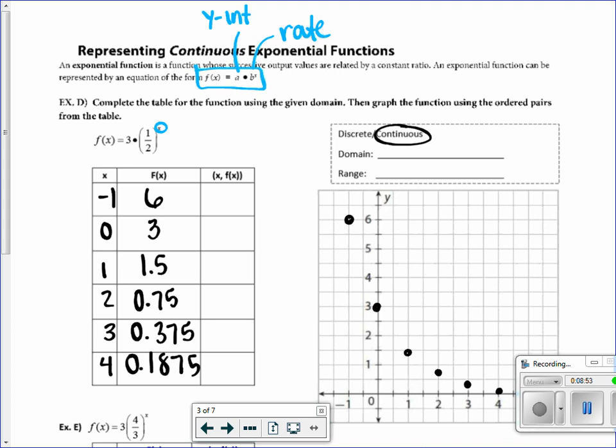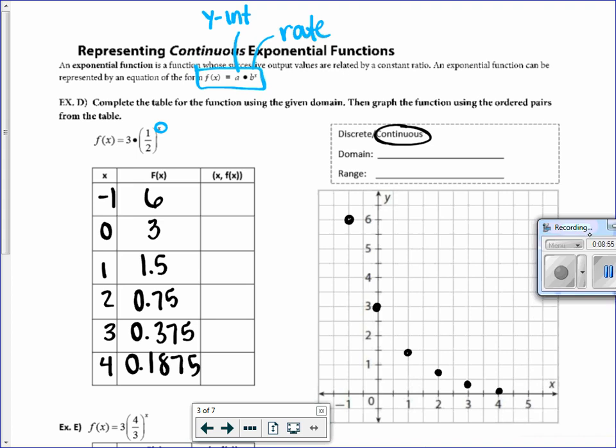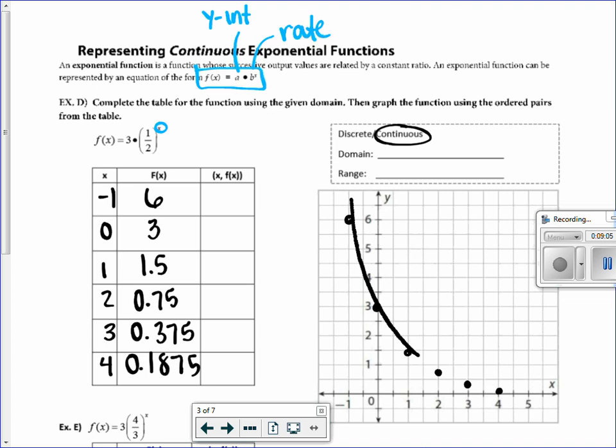Because where y is 0, that would be this x-axis. So as we draw it, we want to try and draw it where it's not going under the x-axis, but getting really, really close to it. So it kind of borders along the bottom. It's not actually getting to the x-axis, but it's getting so close it kind of looks like it is.